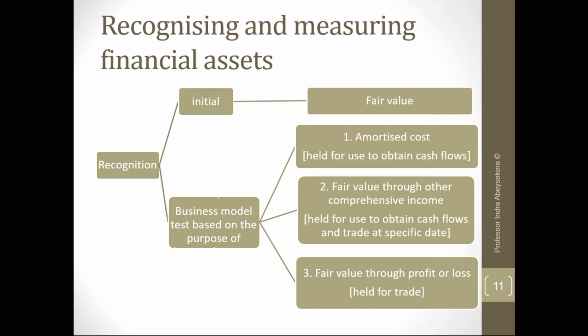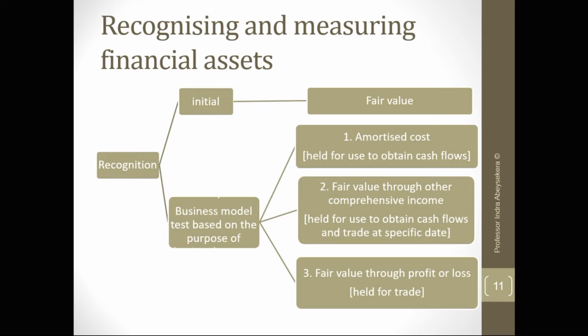So there are three techniques. One is amortized cost. We use that technique if the financial asset is held to obtain cash flows. Second is fair value through other comprehensive income.